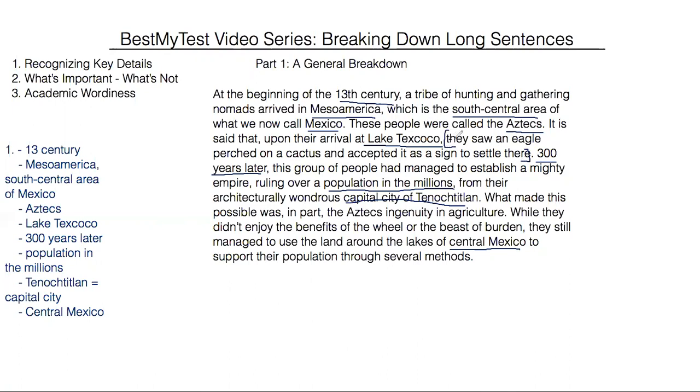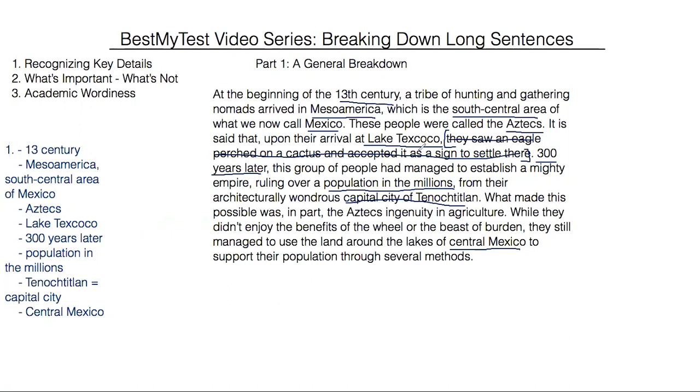So what we've just done by looking at the questions and determining that I don't need this information is we've taken a long sentence and broken it in half. So we have this information here, and it is interesting why they decided to settle there, seeing the eagle on the cactus. However, it's not what you need, and it's not necessarily important for this specific question or this section of the exam. So now we just have this nice simple sentence.